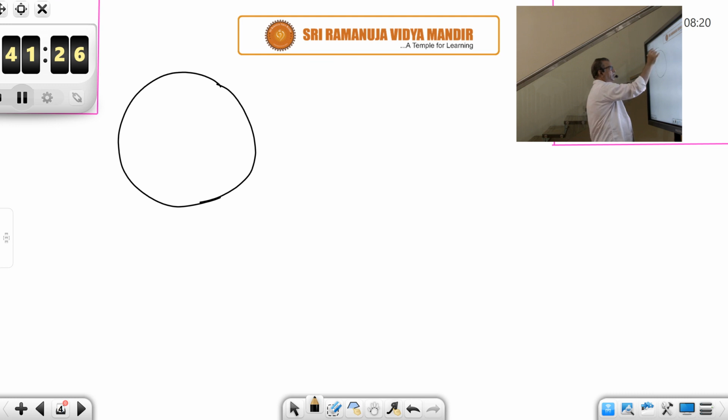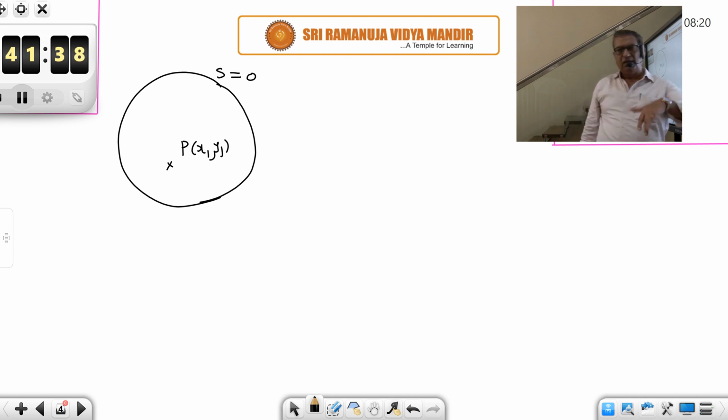So this is the circle S equal to 0. Point P. And this point P can be any point except the center of the circle. It can be inside or outside or on the circle, anywhere, but not the center of the circle, because the center has no polar. Okay. What is the definition of polar? If you want the polar of P, what you have to do?